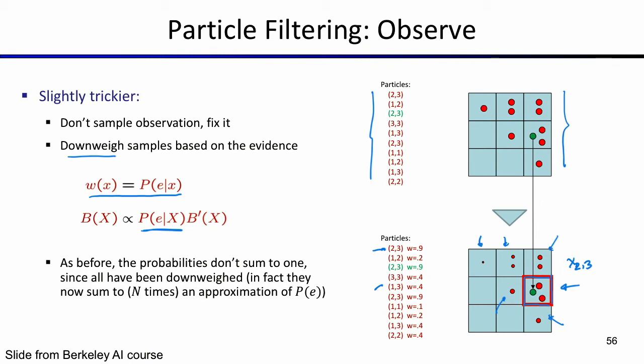Remember that in this situation here, the sum of the weights of the particles was not 1, and in this case here, it's also not 1. So we have many particles, and each one is going to have a different weight. That's going to be the probability of E given X, which varies for each particle depending on where the particle is located.